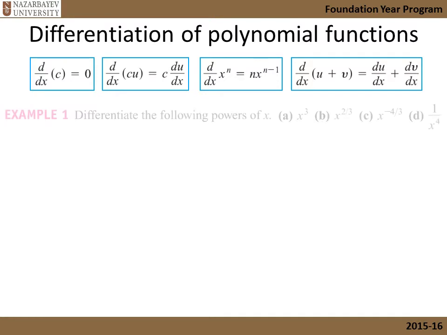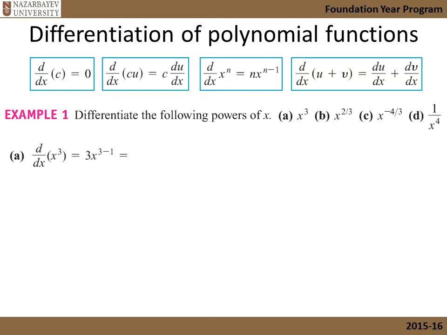Let's look at this example. Differentiate the following powers of x. Here we can use our power rule and we can calculate everything. If we take x cubed, we just decrease the power of x and use this 3 as a constant before x.